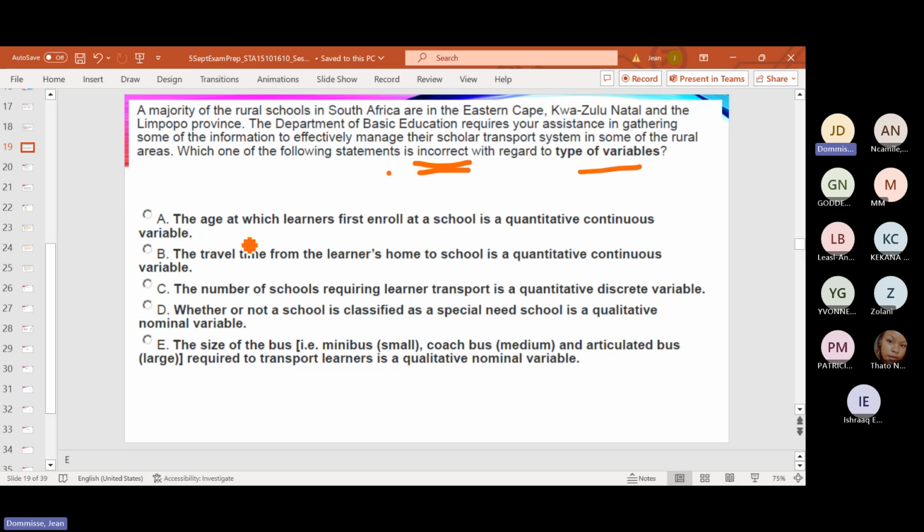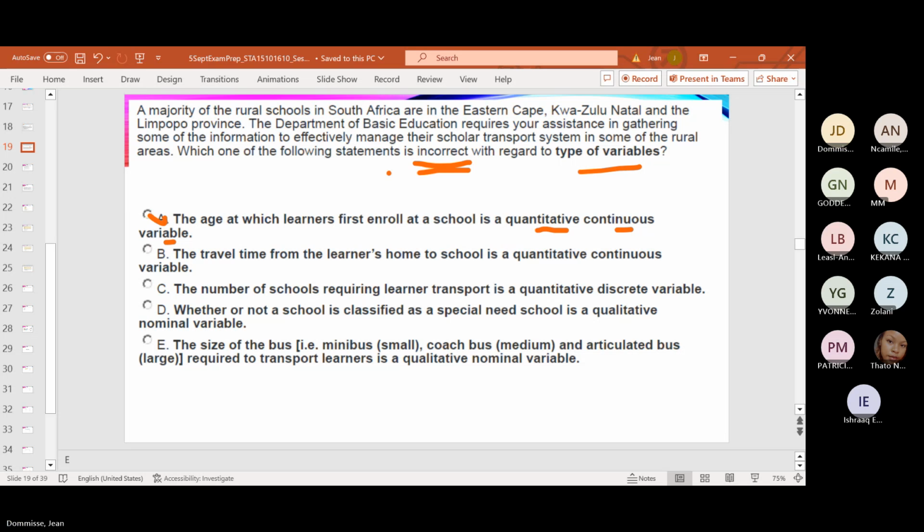The age at which learners first enroll at a school is a quantitative continuous variable. Quantity, continuous, is correct. The reason is they don't ask you age in years.